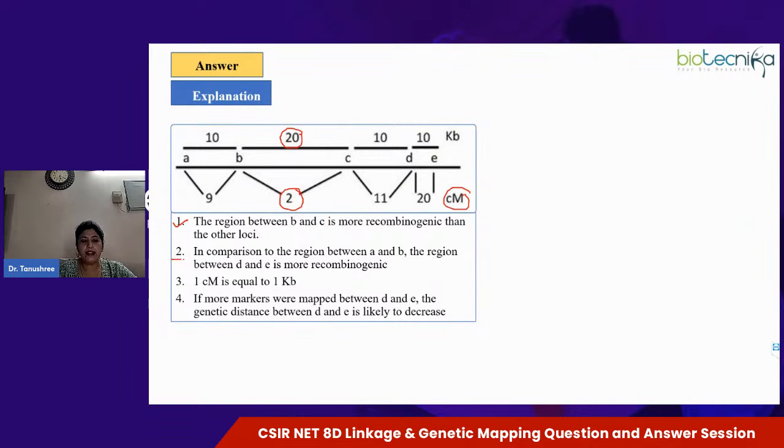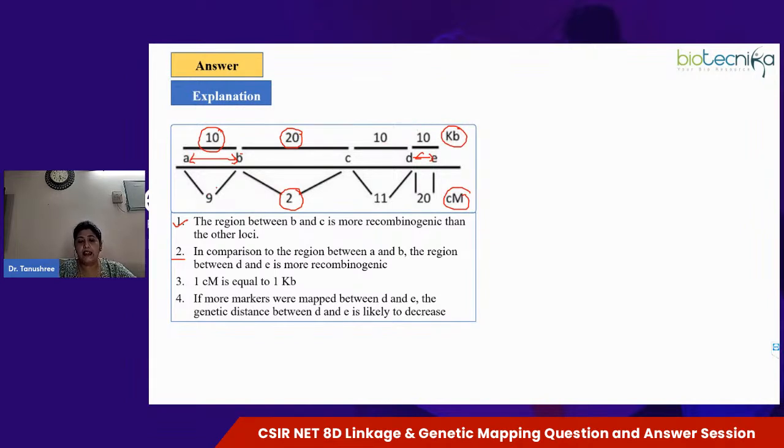Then if you look at the second statement, it says that in comparison to the region between A and B, the region between D and E is more recombinogenic. Now again, if you look at the physical map, the distance between A and B is 10 kb, and the distance between D and E is 10 kb. So based on the physical map, we cannot answer this question.